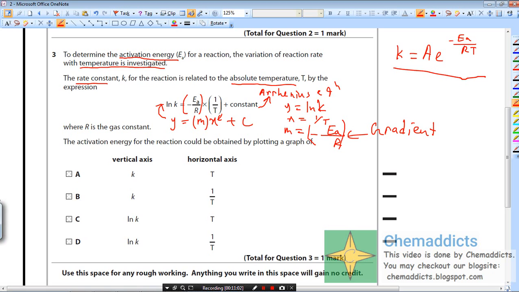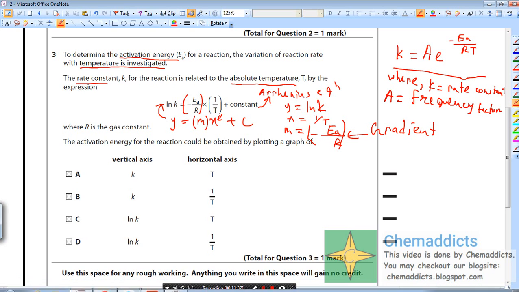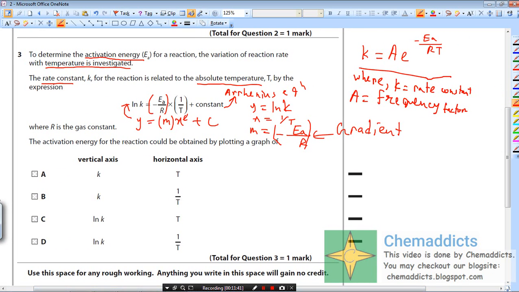So in here, let us write something. This is the Arrhenius equation, where k is equal to the rate constant, A is equal to the frequency factor, Ea is equal to activation energy.